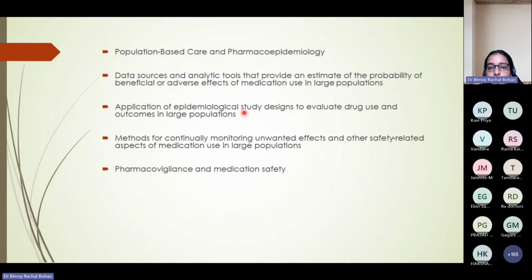Then application of epidemiological study designs. RCT, randomized controlled trials, are experimental interventional studies, quite expensive, but you can use them for vaccine trials, etc. Such applications are also important for the exam. And you may get some pharmacovigilance questions. Pharmacovigilance belongs to the last phase of clinical trials, post-marketing surveillance. You must know the definitions of vigilance and epidemiology.